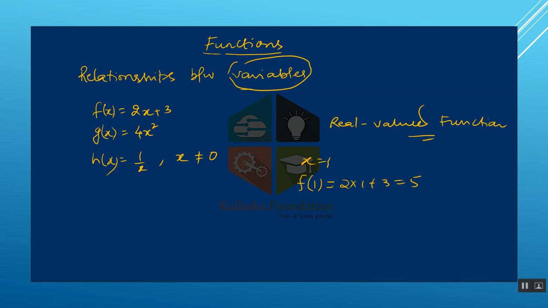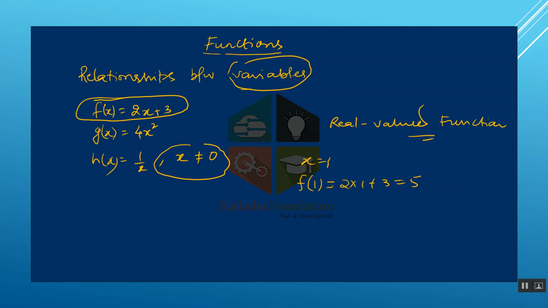But now let me tell you a few rules. If some conditions are given or no condition is given, that means we know the input set. For example, in the first example, the input set is the entire set of real numbers. So if we put anything in this function, we must get an output.